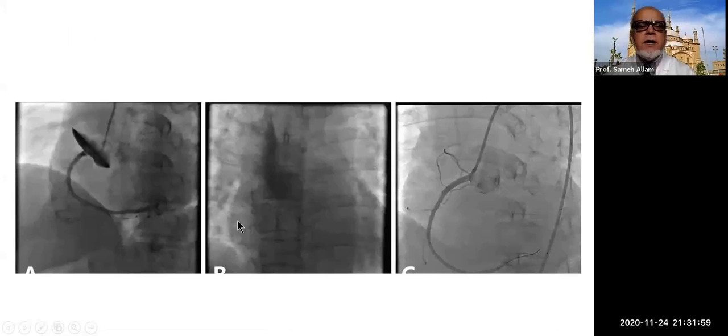And this is dissection which occurs at the ostium of the right coronary artery. It extends retrogradely into the right coronary sinus and the aortic wall.